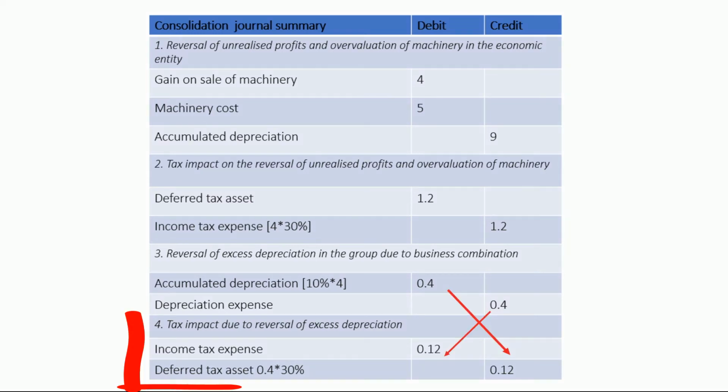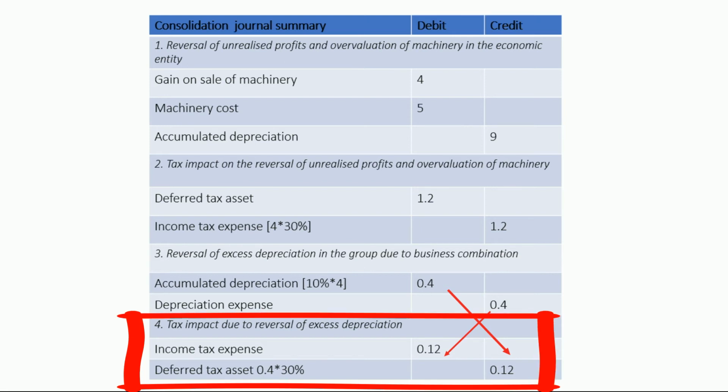The taxation arises because now we have decreased the depreciation expense. When we decrease the expenses, the profit increases. So the fourth journal entry is for the taxation impact due to reversal of excess depreciation. So 0.4 into 30% is 0.12. So the income tax expense now will increase by 0.12 because we decrease the expenses.